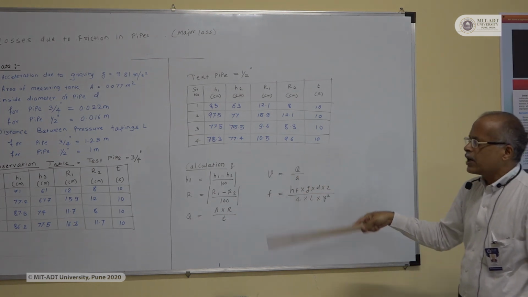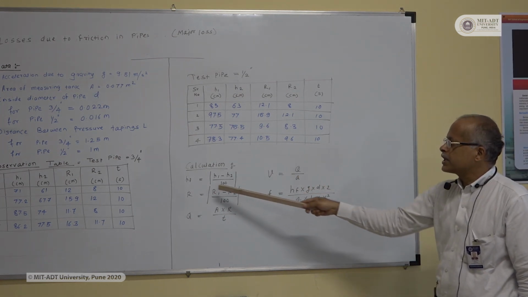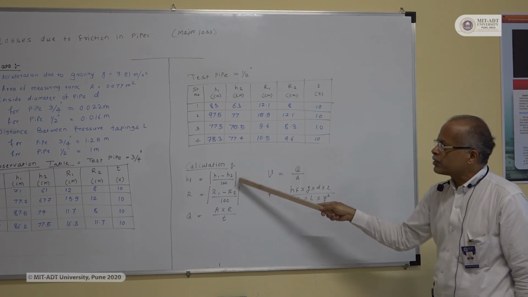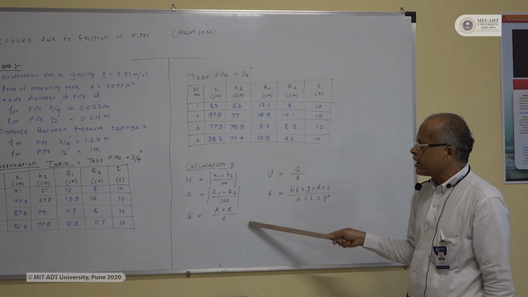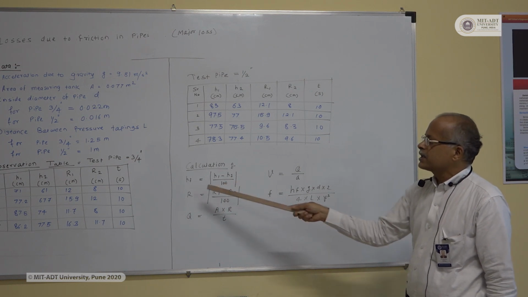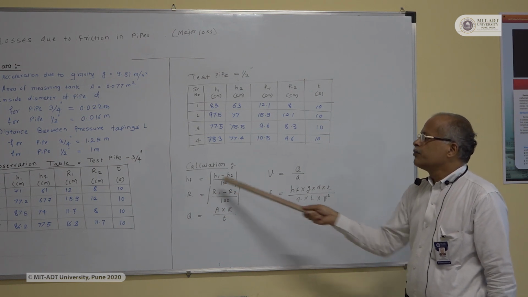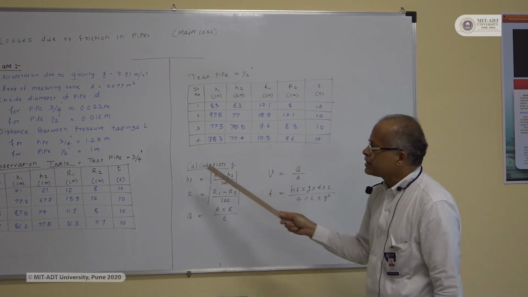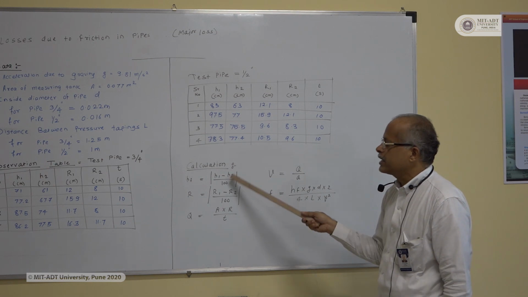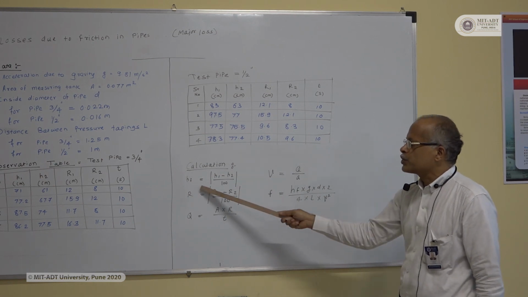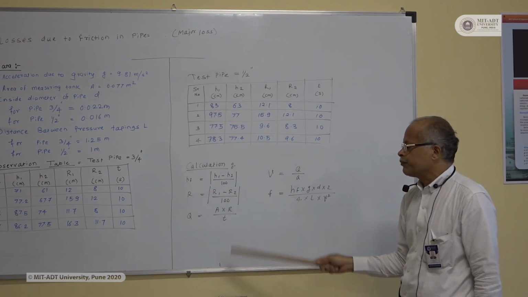Again I will repeat the calculation part. HF is the modulus of H1 minus H2, divided by 100, and R is (R1 minus R2) divided by 100. This is just in case we misplace H1 and H2; if we write H2 and H1, the modulus sign takes care, so this value is always positive.